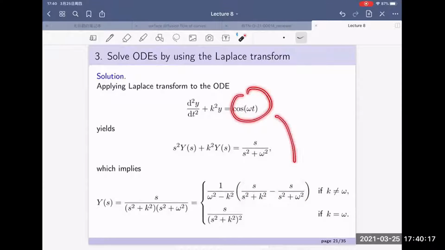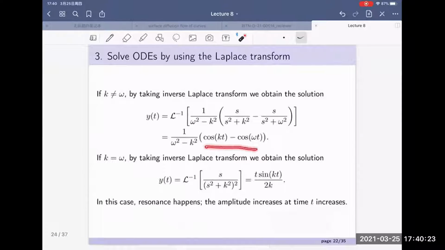So when you take the inverse Laplace transform, you have cosine kt minus cosine omega t. This is the case when k is not equal to omega.